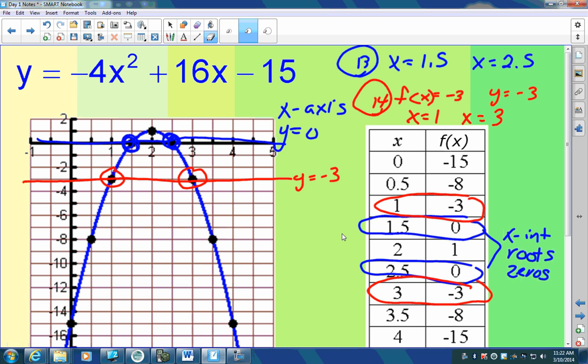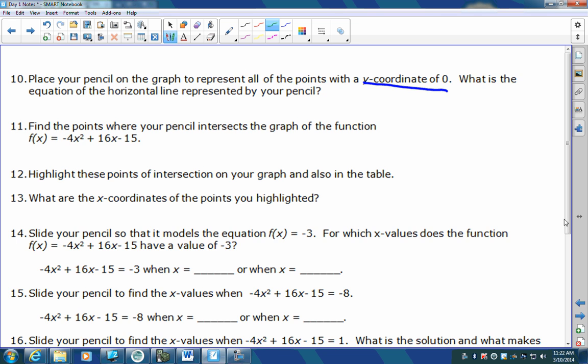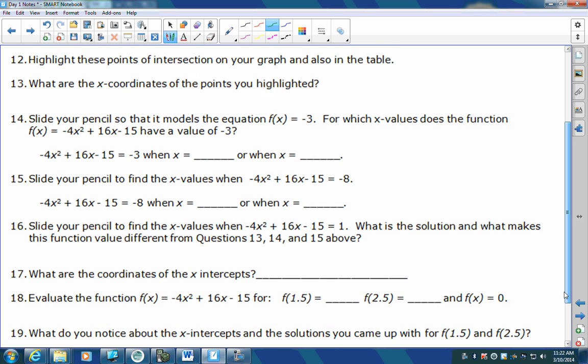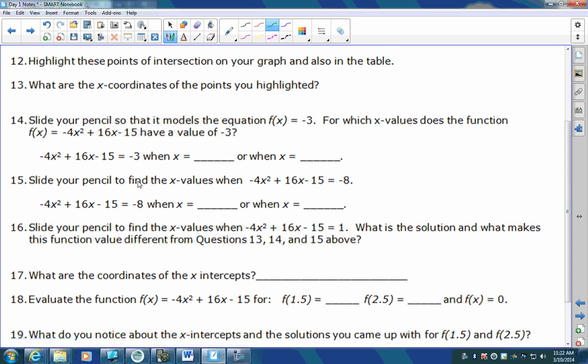Then it says on number 15. Number 15 says, well, let me go back over here. Let's look at this. 15 right here. Slide your pencil to find the x values when -4x squared plus 16x minus 15 equals -8. That means look and see where y equals -8.